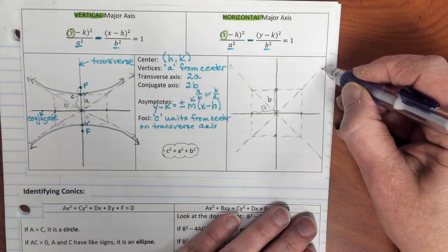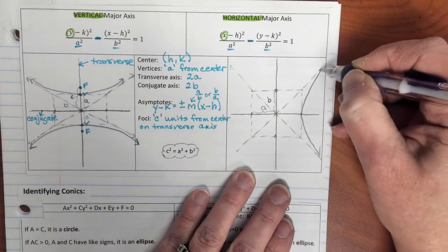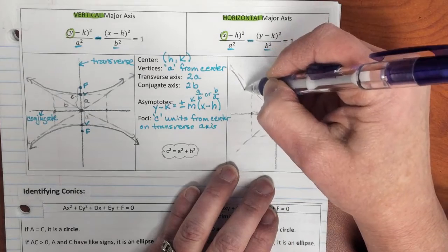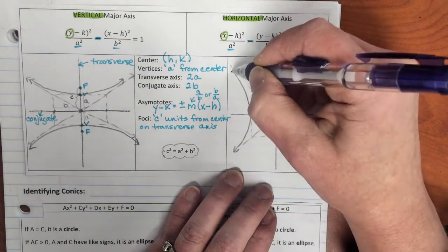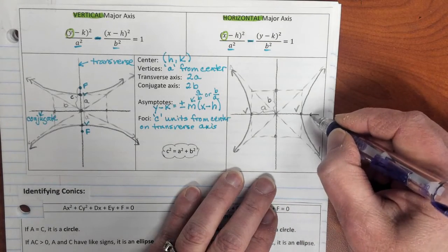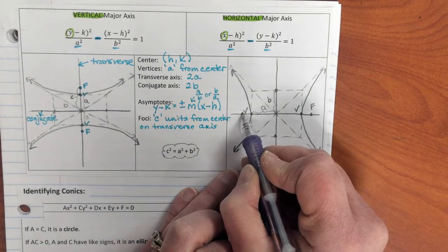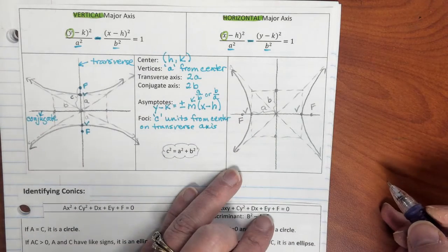It's going to be coming this way. All right, there's my vertice. Here would be the other branch of the hyperbola. There's my other vertice. My foci would be somewhere in the middle. Not in the middle, but I mean inside the branches of the hyperbola.